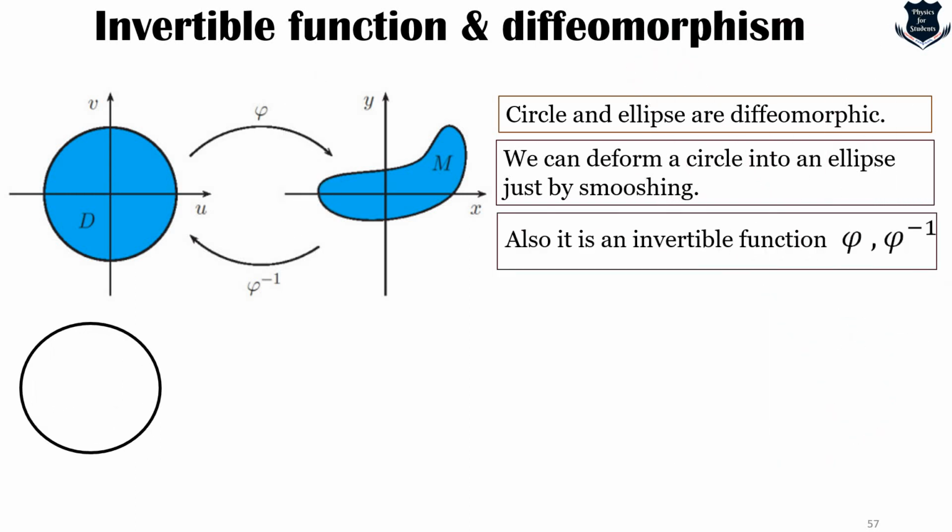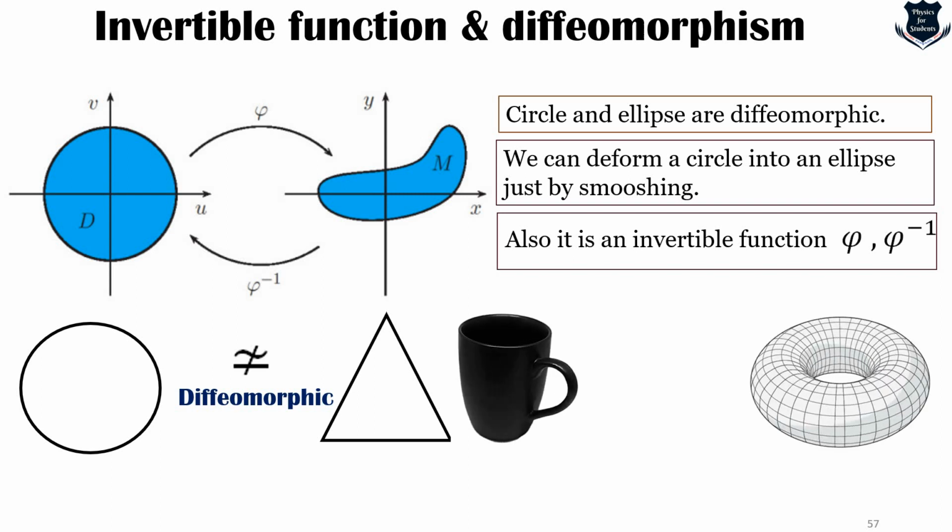So for example, this is a circle and this is a triangle. They are not diffeomorphic. So a circle and an ellipse can be diffeomorphic, but a circle and a triangle cannot. For example, this cup or mug and a torus would be homeomorphic, but not diffeomorphic.